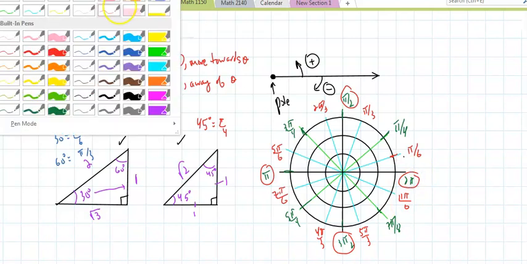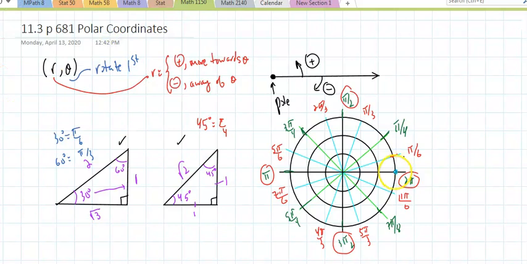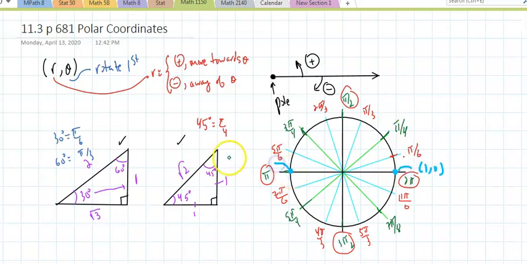And if you were to remember that at this point, this point happened to be 1, 0. This point is negative 1, 0. This is 0, 1.